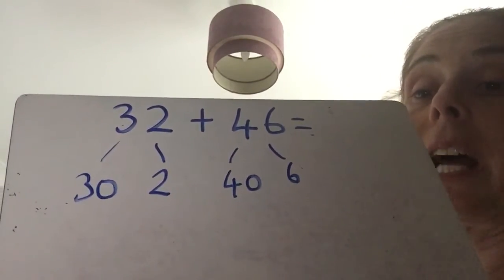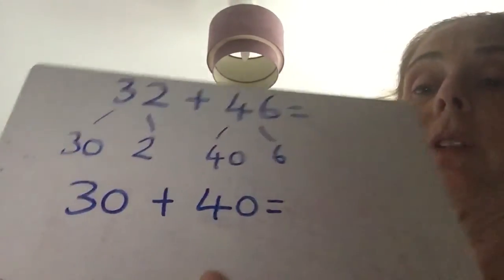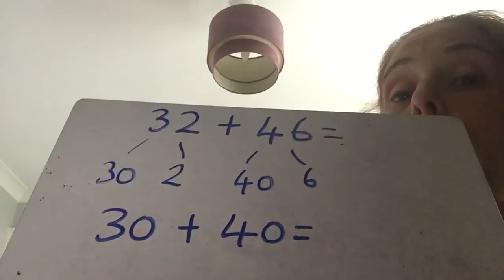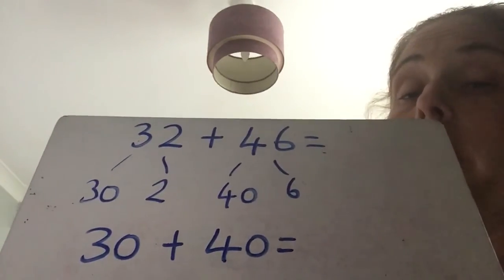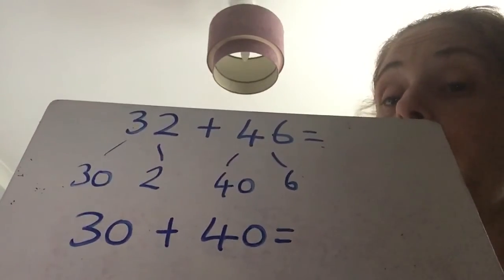So we're going to add the 2 tens. So we've got 30 and we've got 40. So we write those down underneath. We do 30 add 40 equals, and remember we can use our ones numbers to help us. So we can just do 3 add 4, which we know is 7. So 30 and 40 must be 70.